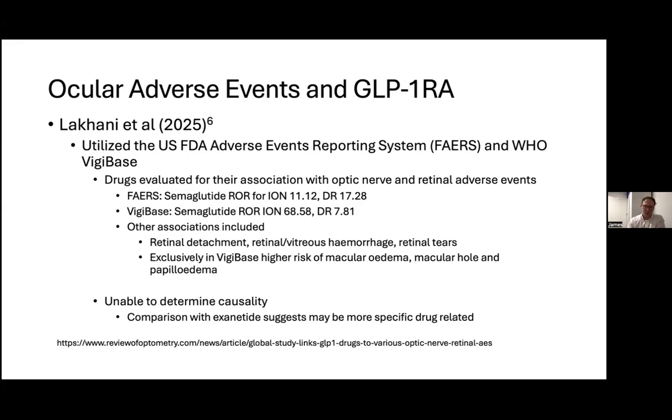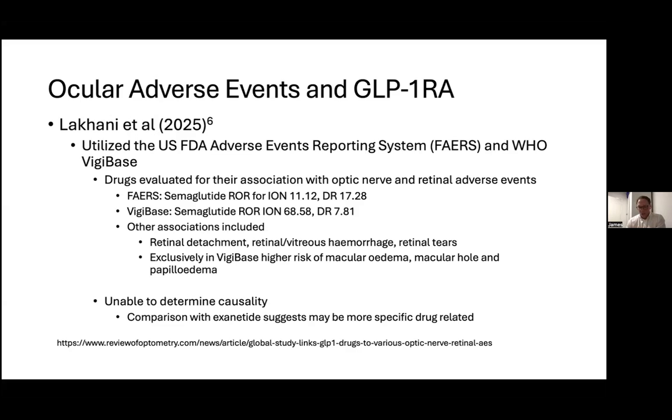And they've looked for a variety of associations, including optic nerve issues and retinal adverse events in patients that have been treated with semaglutide in particular. They established an increased risk for NAION as well as diabetic retinopathy progression in both cohorts. And interestingly, they found some other associations, including retinal detachment, as well as macular edema, macular hole, and papilledema.